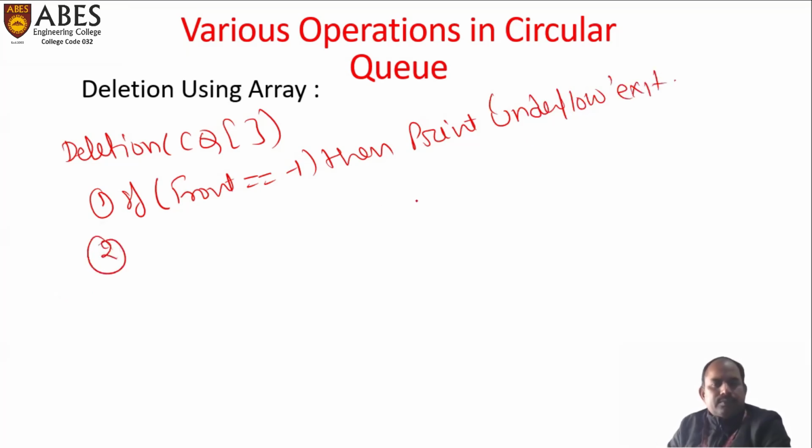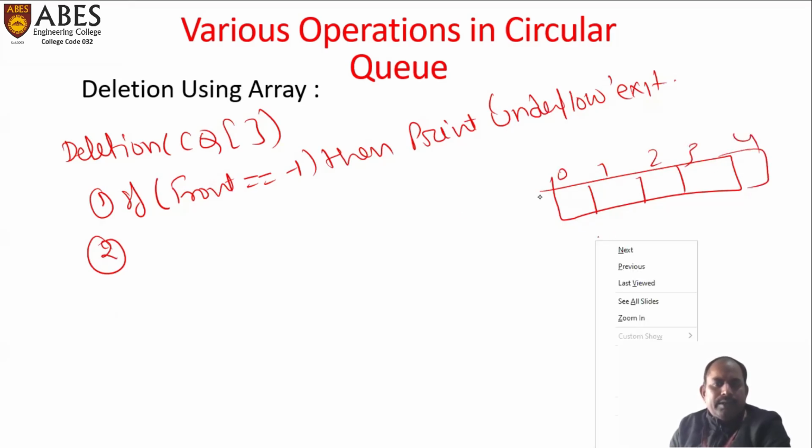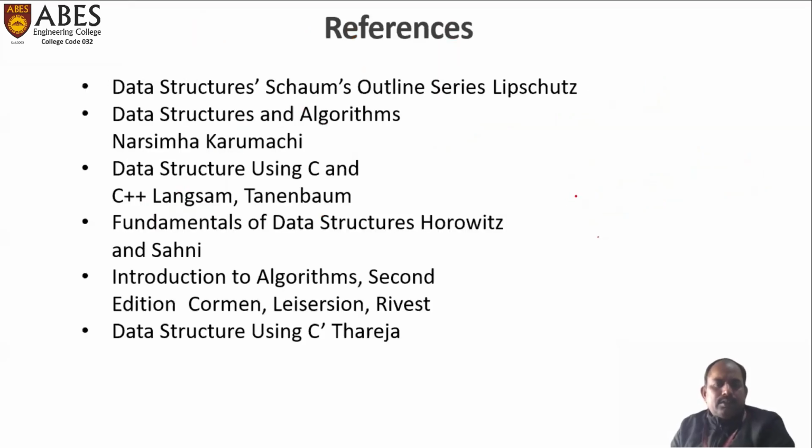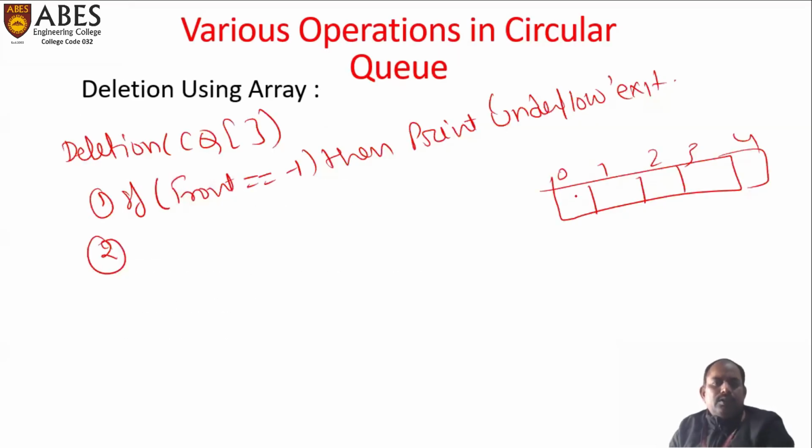The second case is that suppose we have an array 0, 1, 2, 3, and 4, and we want to insert elements. We have elements here, like 20 is here, 10 is here, 30 is here. The value of front is at this location, the value of rear is at this. Okay.